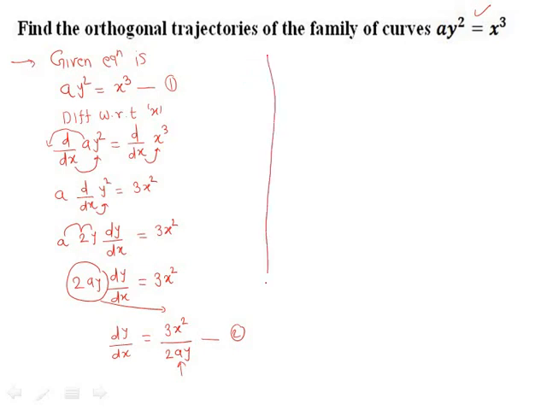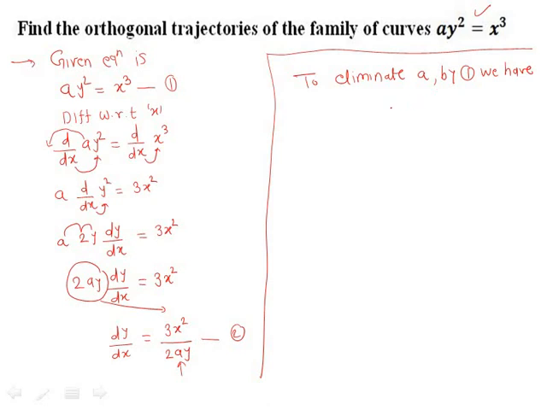So in equation 2 we can see here that the arbitrary constant is a, and that a should be eliminated by using equation 1. So to eliminate a by equation 1, we have a y square is equal to x cube.